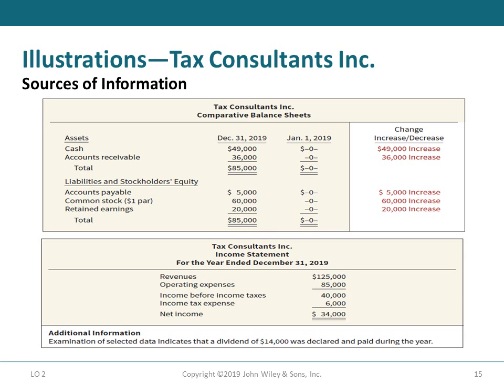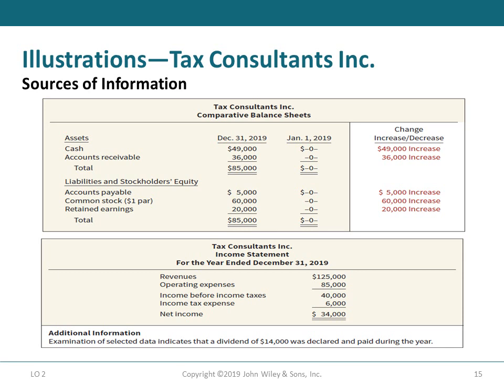Retained earnings $20,000 compared to zero, so we have a $20,000 increase in retained earnings. So the comparative balance sheet helps us to know the amount of changes in assets, liabilities, and equities, which are indicated in the last column as a change, increase, or decrease.